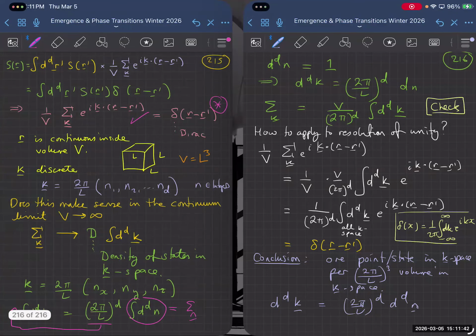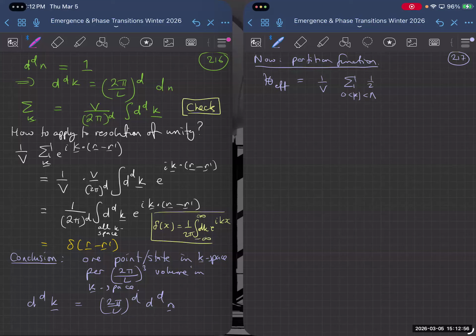Remember, all we're doing is the Gaussian partition function. So we're looking at our Hamiltonian, which is 1 over V, the sum over 0 less than k less than lambda, of 1/2 s of k squared times (r naught plus k squared).